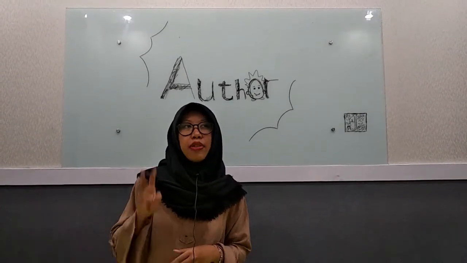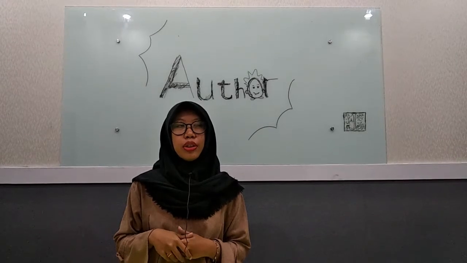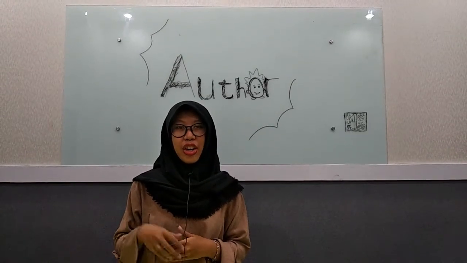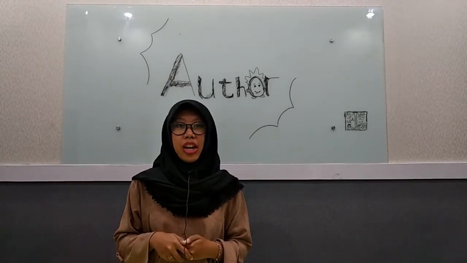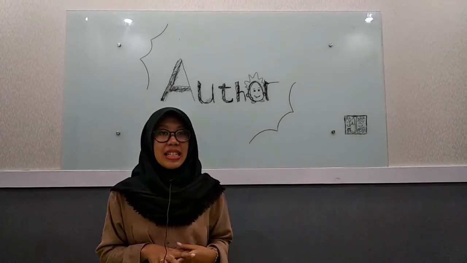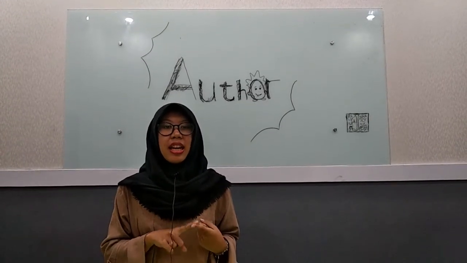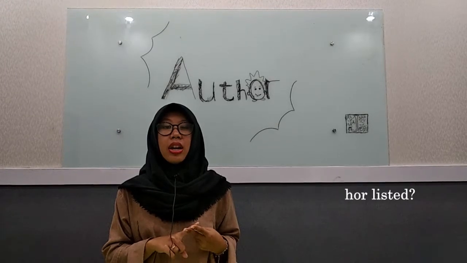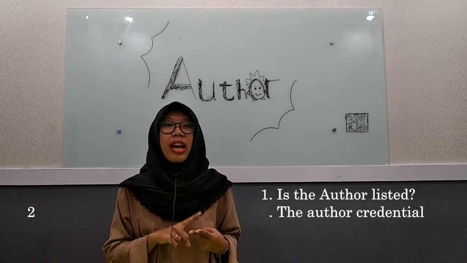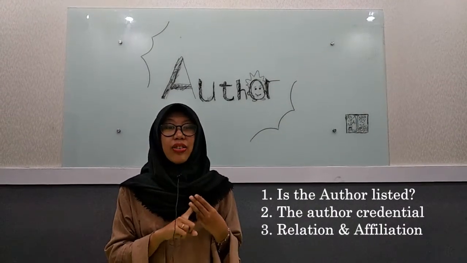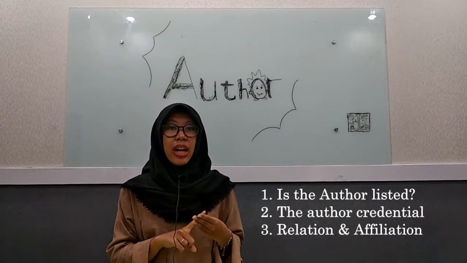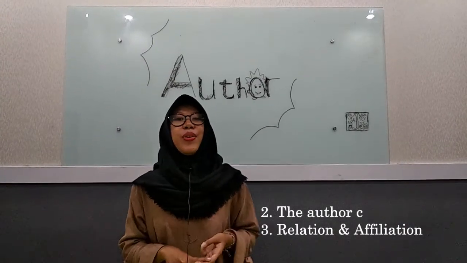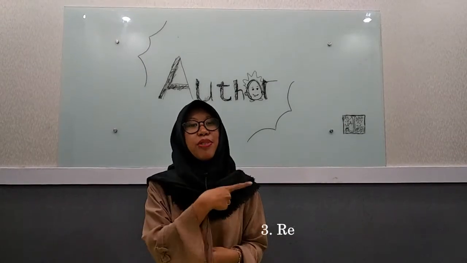I have 3 questions you could consider on whether the author is credible or not. The first one, are the author's names listed? The second, what are the author's credentials? And the third, is the relationship between the author and the institution clear? So those are the tips, and let's move on to the journal.